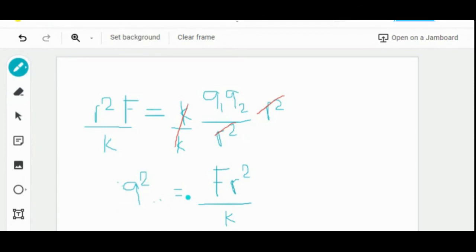Two identical, the same variables. So that's how we equalize our equation, deriving the equation to find the magnitude of our electric charge.